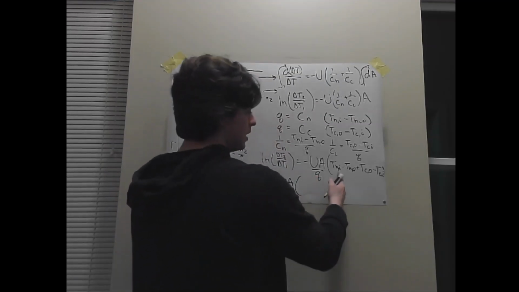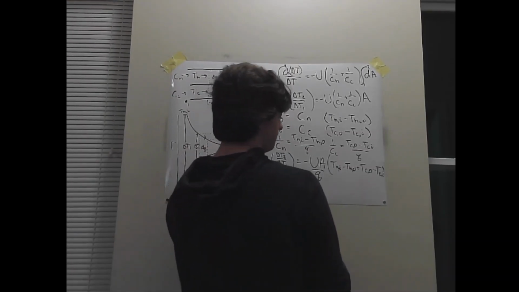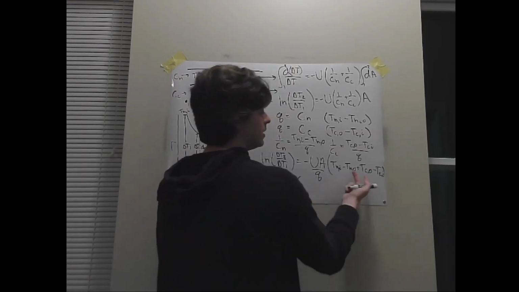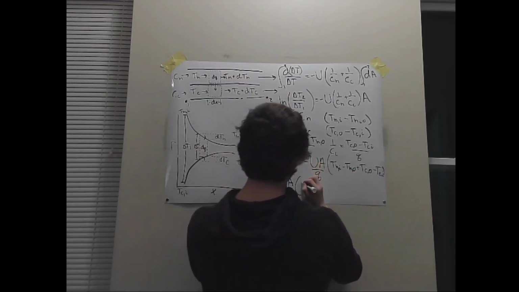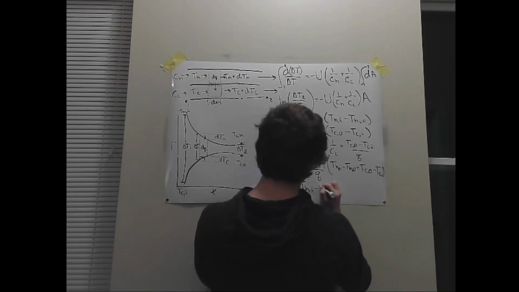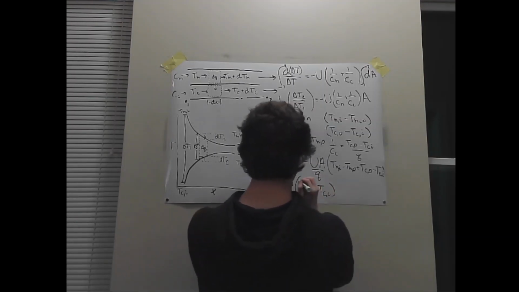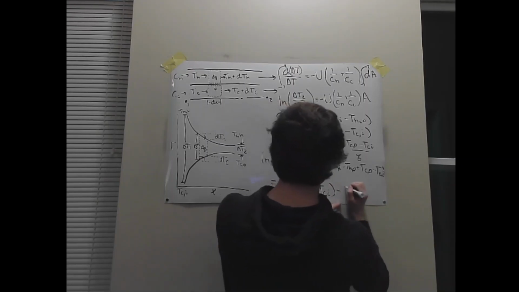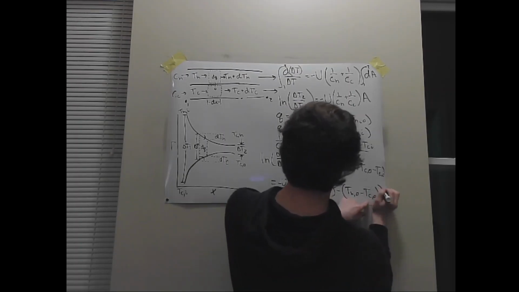So if we arrange what's in the parentheses to correlate the outlet temperatures and the inlet temperatures, it's going to give us the temperature of the hot stream at the inlet minus the temperature of the cold stream at the inlet, minus the temperature of the hot stream at the outlet minus the temperature of the cold stream at the outlet.